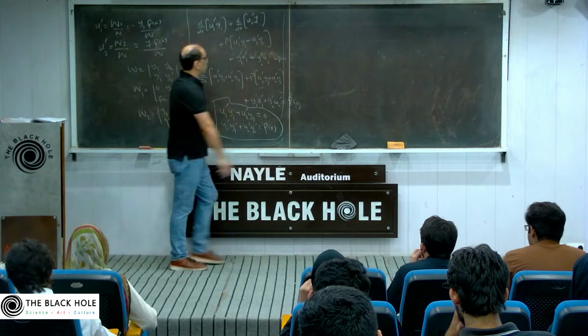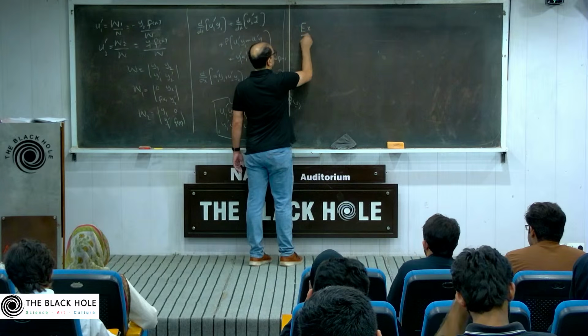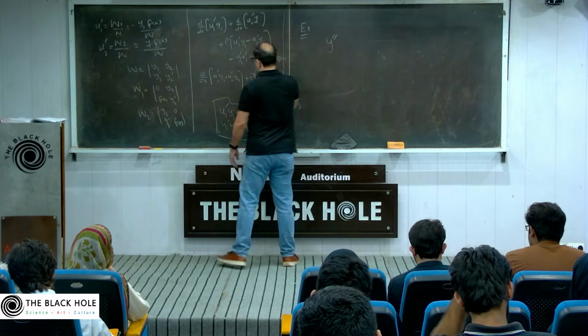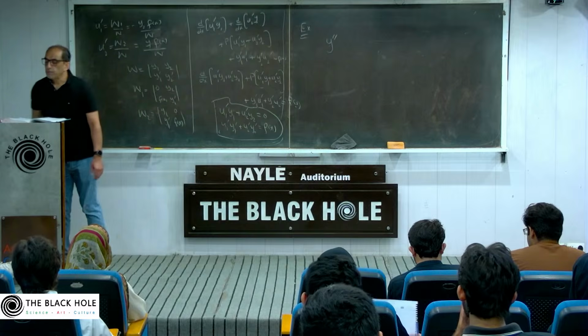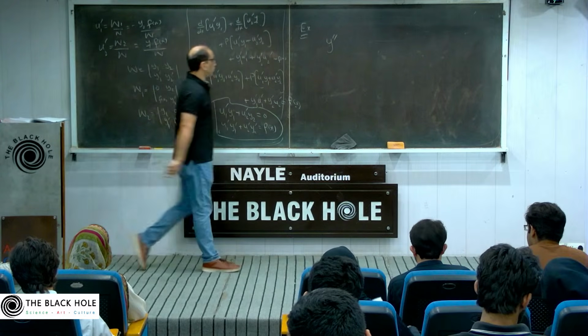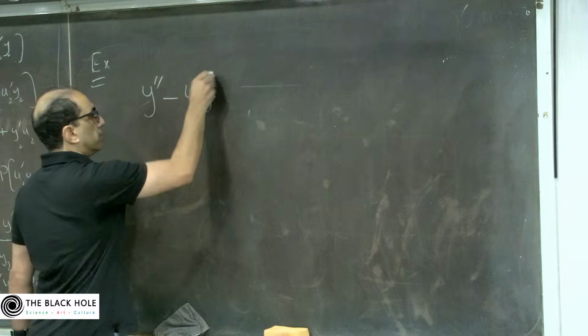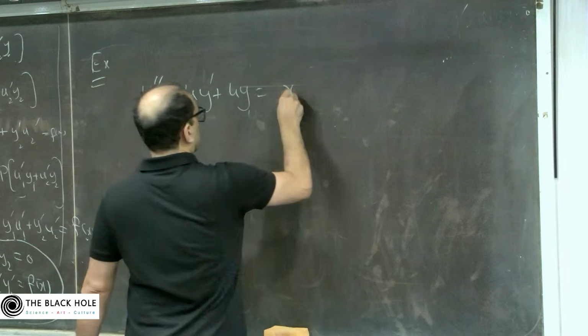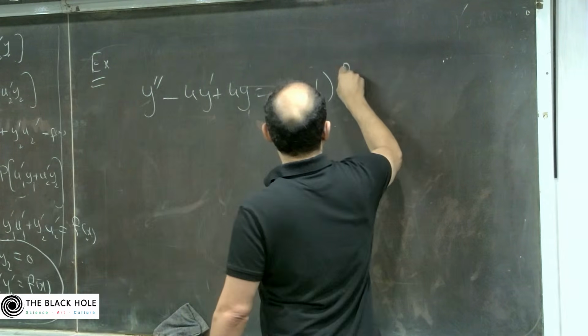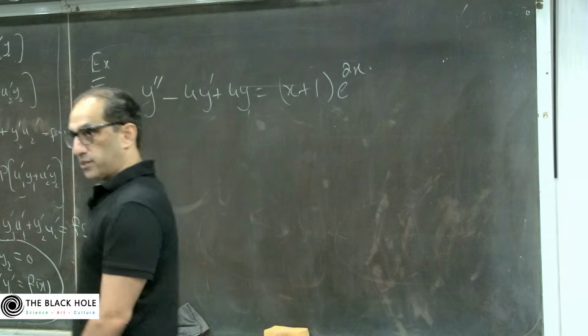So the example is y double dash minus 4y dash plus 4y is equal to x plus 1 times e raised to power 2x.